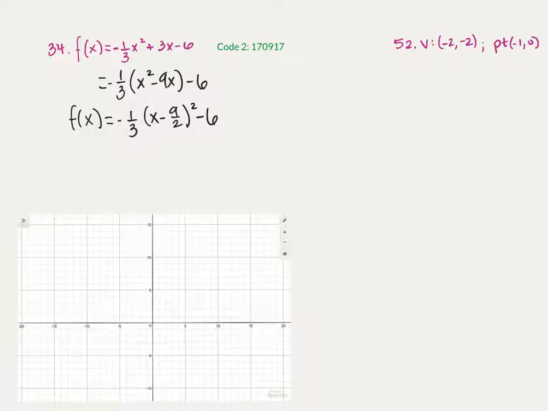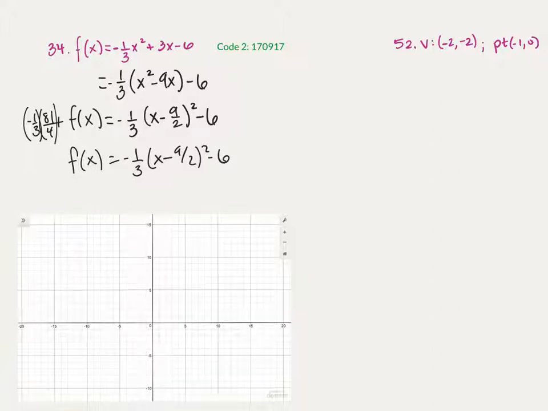I'm going to square the inside term, so that's 81/4, multiply it to the outside and add it to the other side. So this will be plus -1/3 times 81/4. So this will be f of x is equal to -1/3 x minus 9/2 quantity squared minus 6 plus 81/12.